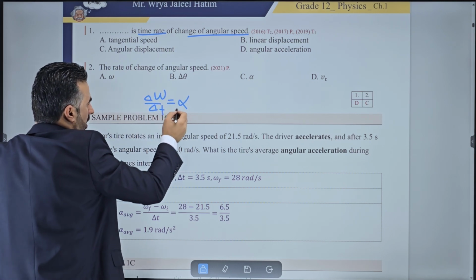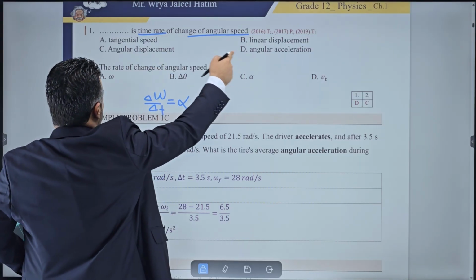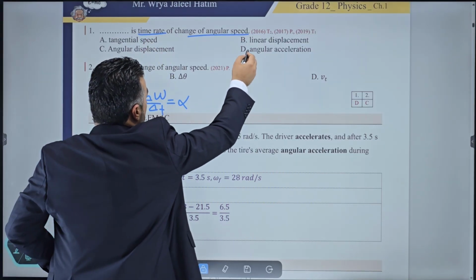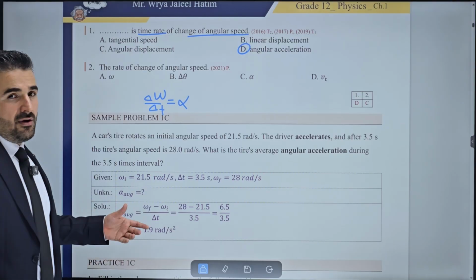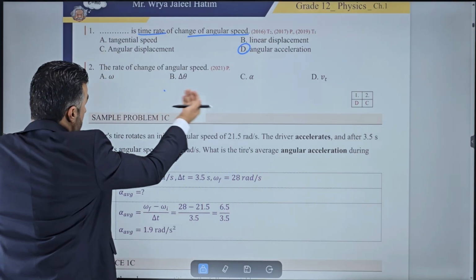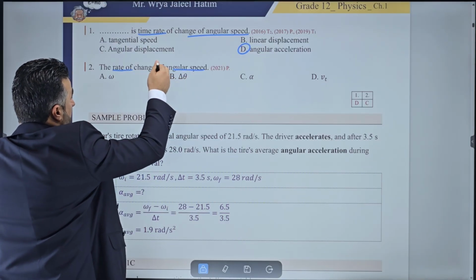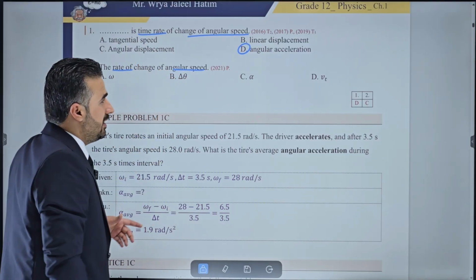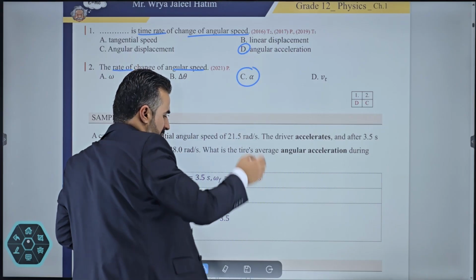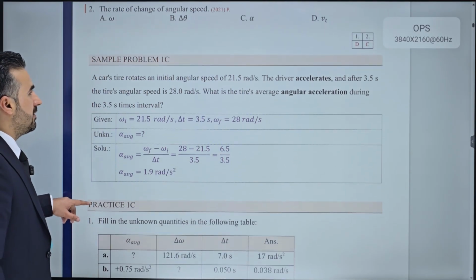Isn't this the equation for angular acceleration? Yes. So it is angular acceleration. That is how you can get the answer right. The second question says the rate of change of angular displacement, not the same as the previous one, but this time this is the symbol, and that is the answer for angular acceleration.